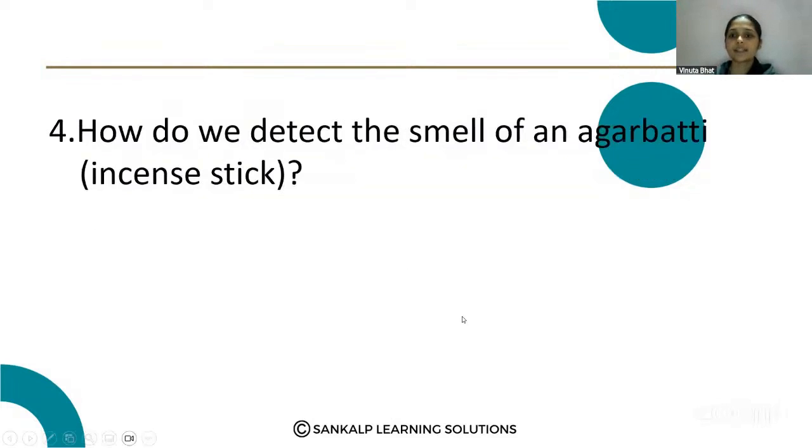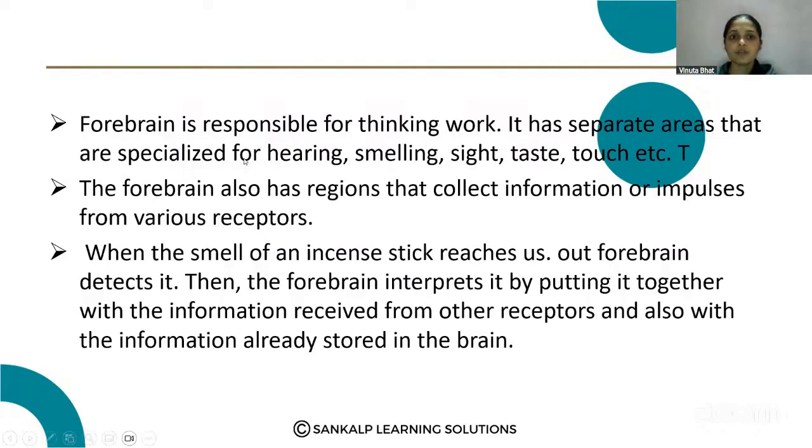How do we detect the smell of agarbatti or incense stick? Here, the forebrain is responsible for thinking work, and it has separate specialized areas for hearing, smelling, sight, taste, and touch. So the forebrain also has regions that collect the information or impulses from the various receptors.